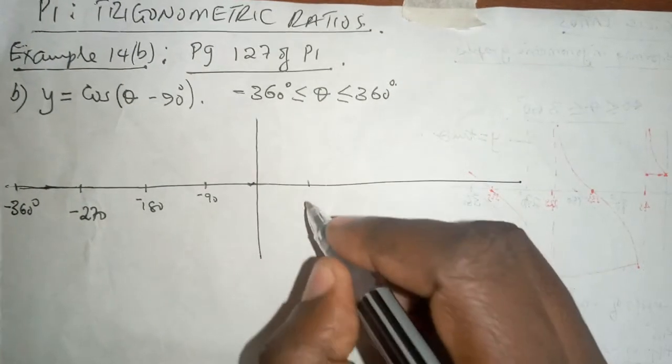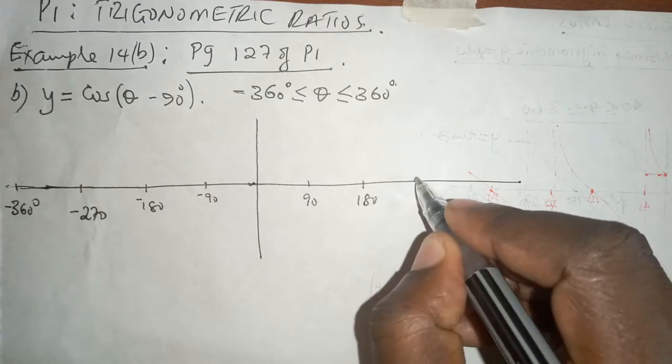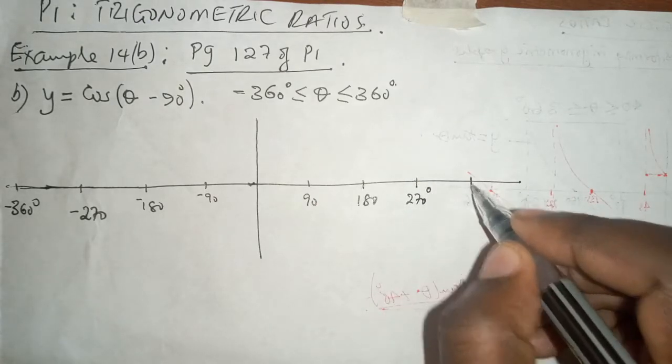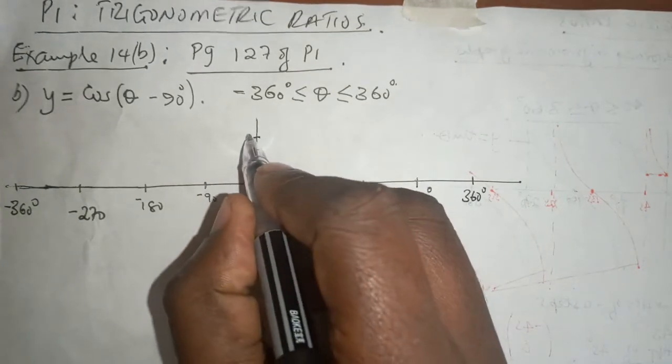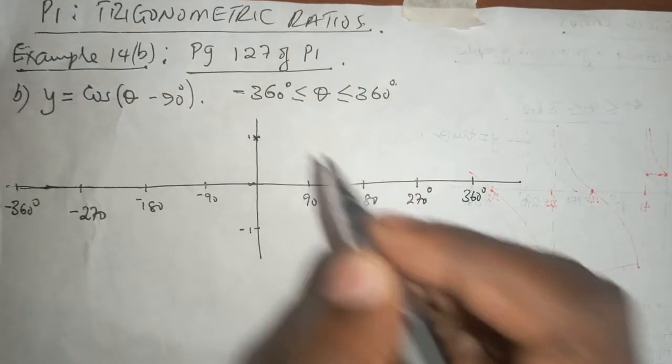To the right, we have 90, 180, 270, and 360 degrees. We know this is 1 and this is negative 1.